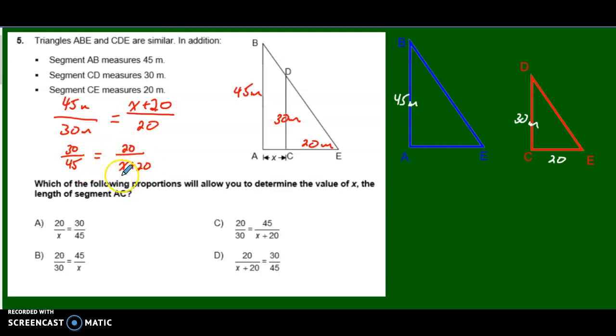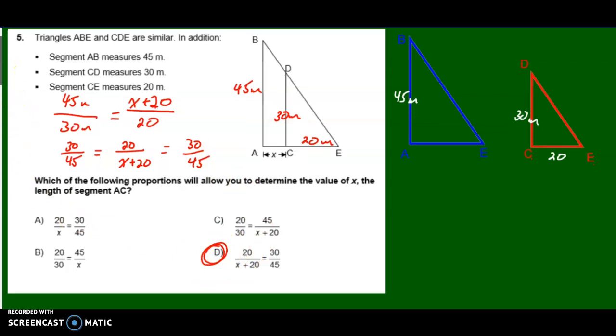These two are proportional, so it is exactly like this one. So that is the answer: 30 over 45 equals 20 over x plus 20. You can move it around, you can put the 30 on this side, 30 out of 45, same thing. So the answer is D.